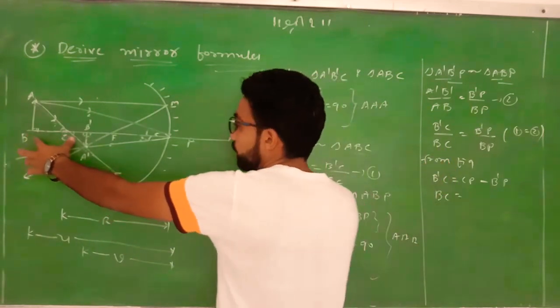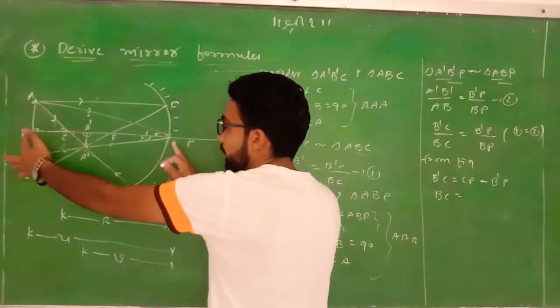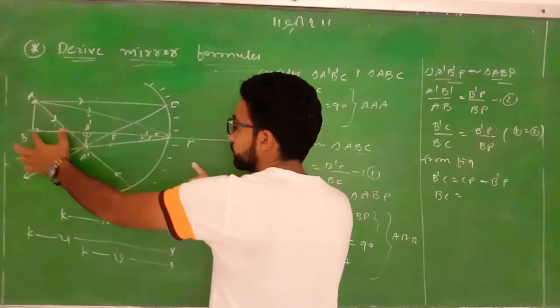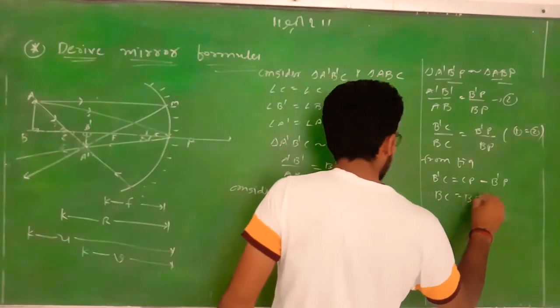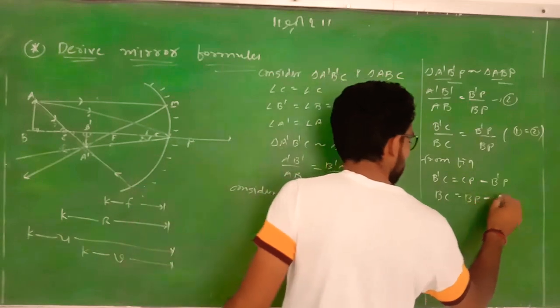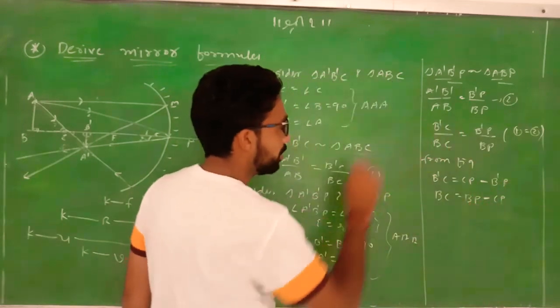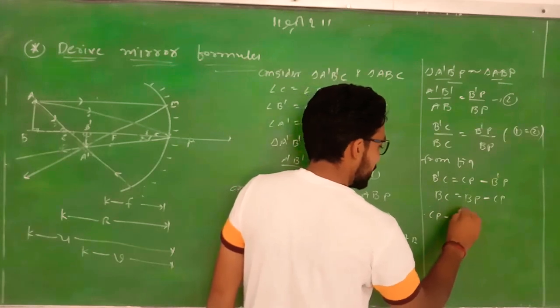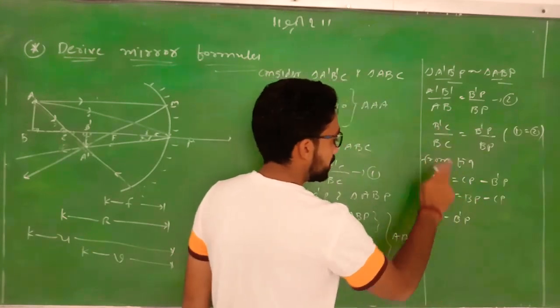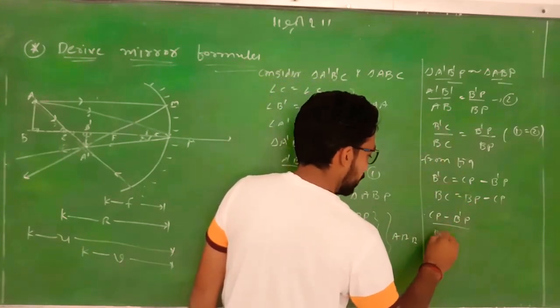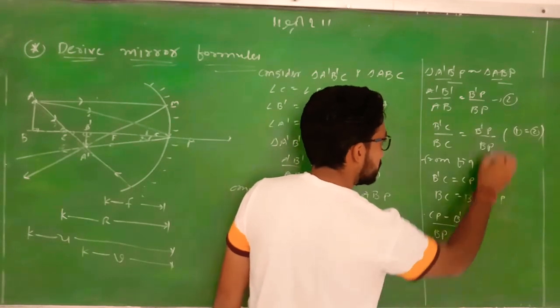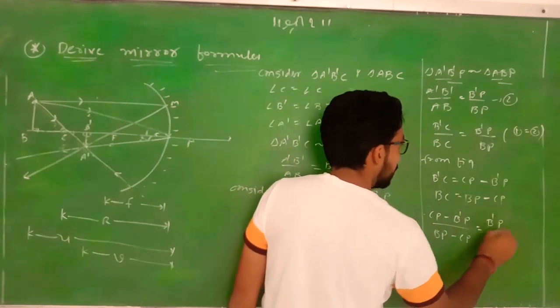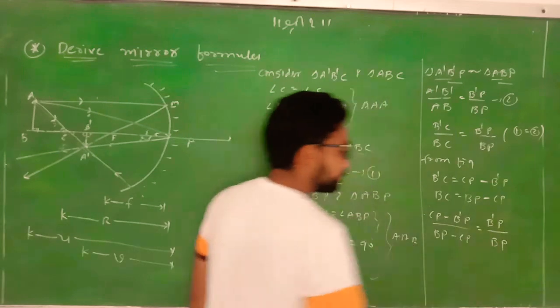So BC is equal to total BP minus CP. So you get this distance. So BP minus CP. So put this value here. You get B dash C, so CP minus B dash P. Now BC, so BP minus CP is equal to B dash P divided by BP.